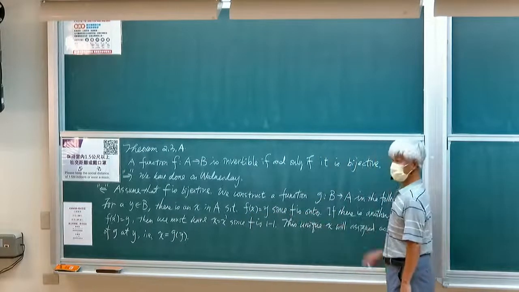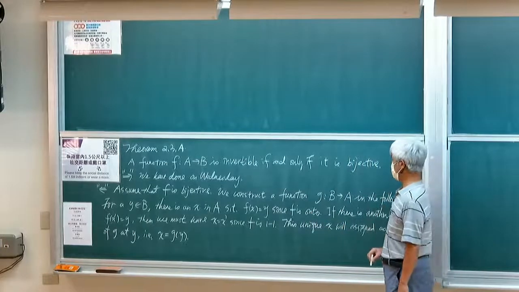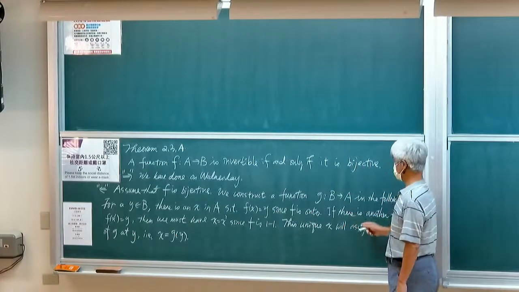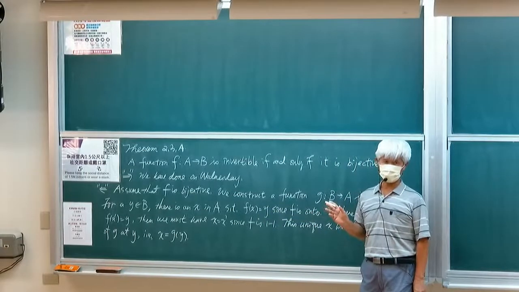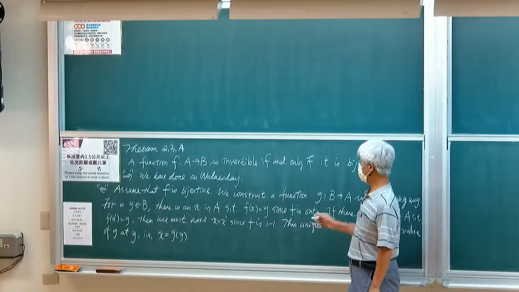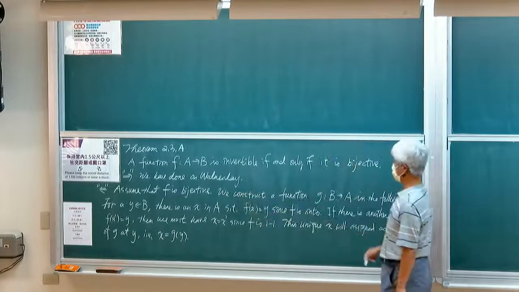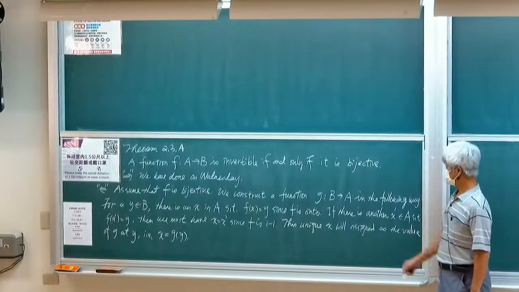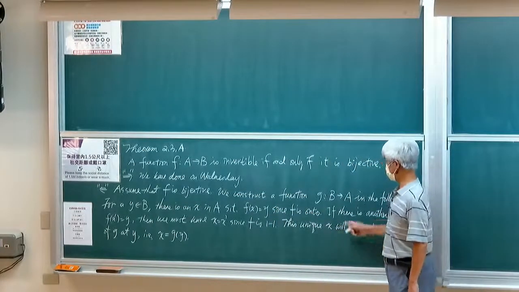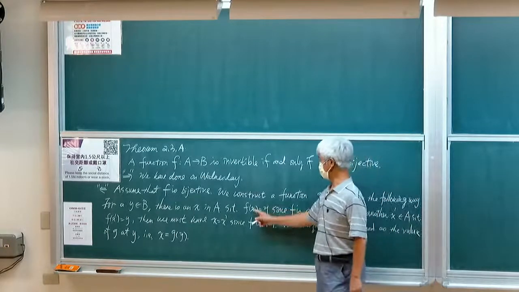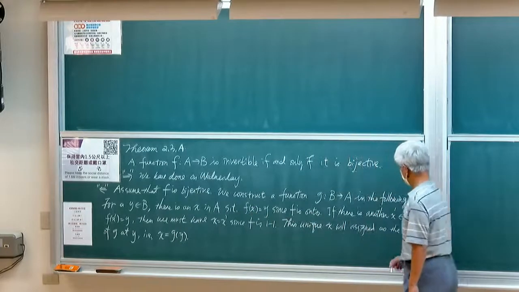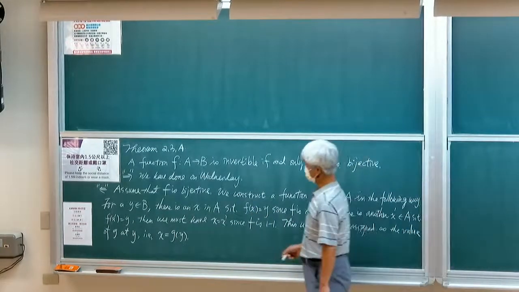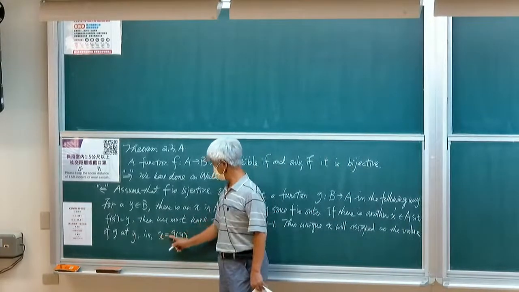And we show that such an x is unique, no other choices, by the one-to-one property of f. So there's one and only one x that satisfies this, and so the assignment is that we let x be g of y.